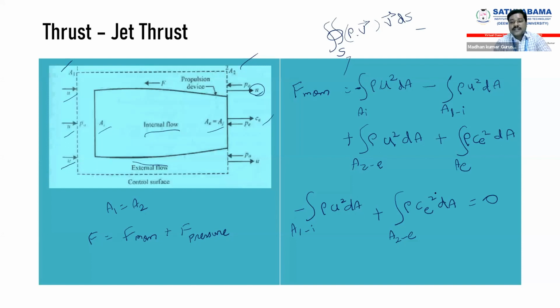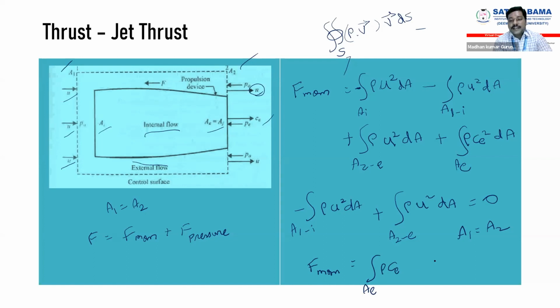So A1 minus E, we are having one value, and then on substituting all these values, since the area in A1 is equal to A2, that is entrance area and exit area are said to be equal, these terms get neglected. So finally we have only these two terms, that is rho C square dA minus rho U square dA. Therefore F momentum is equal to the integral over AE of rho C square dA minus the integral over AI of rho U square dA.